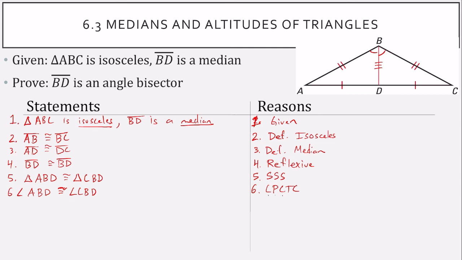Corresponding parts of congruent triangles are congruent. Well, now our segment splits the angle into two congruent angles. Therefore, step 7, we can say BD is an angle bisector. Definition of angle bisector, which simply says it splits the angle into two congruent parts. And there we have our proof.